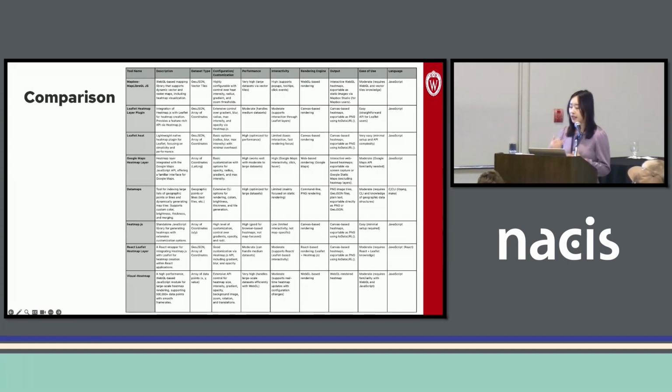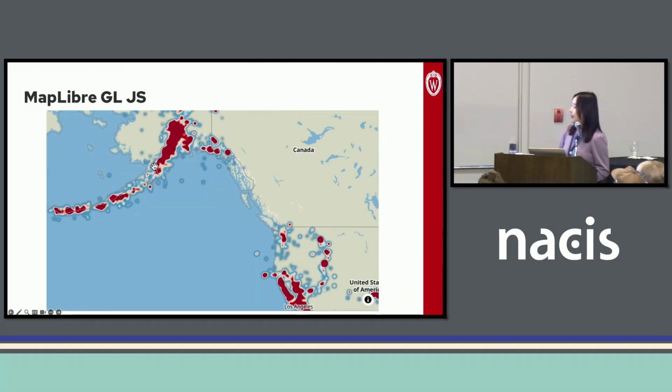I put together a table comparing popular tools for creating heat maps, along with the type of data set they use, their performance, interactivity, and other key factors. Due to the time limit, I won't go into details here, but the table gives a quick overview of each tool, and I'll show you some examples I found really fascinating.